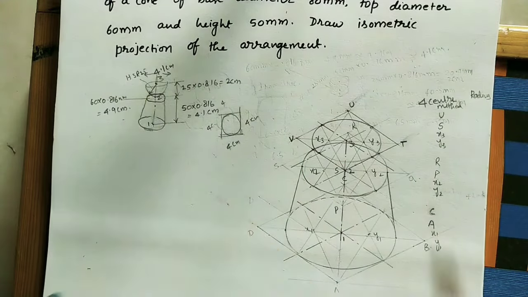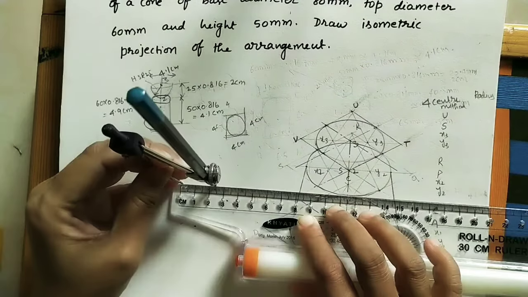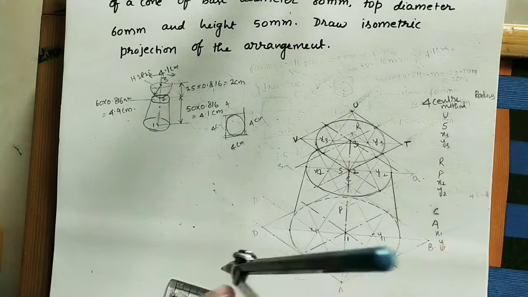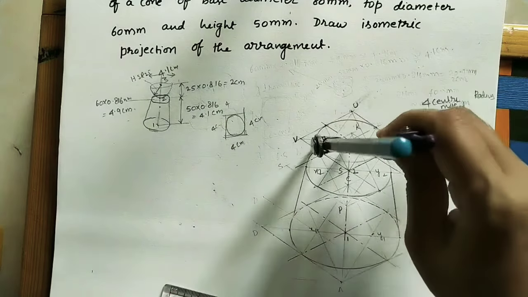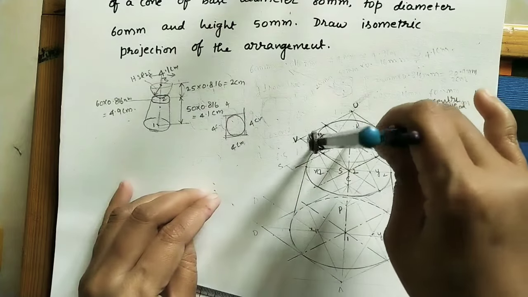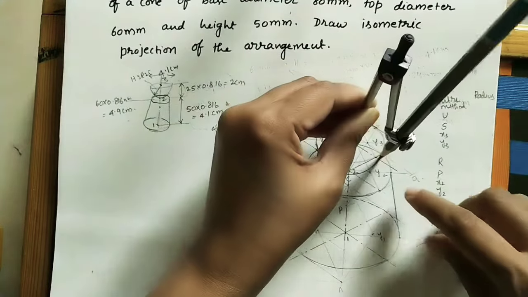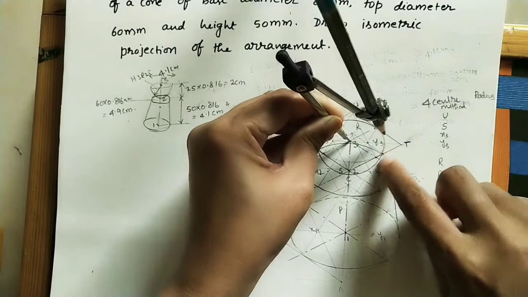So take the radius 25 using the compass. Now 3 is the center. Wherever this curve is touching, join this point to this point up to this curved surface.